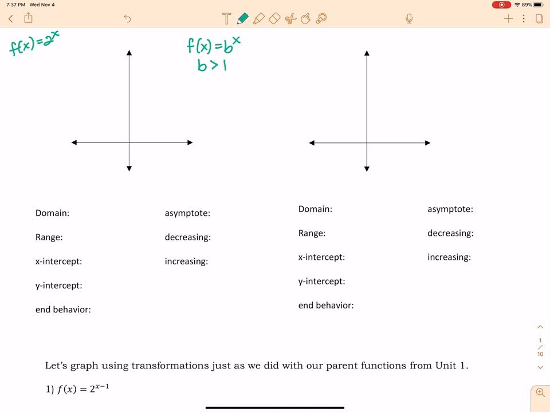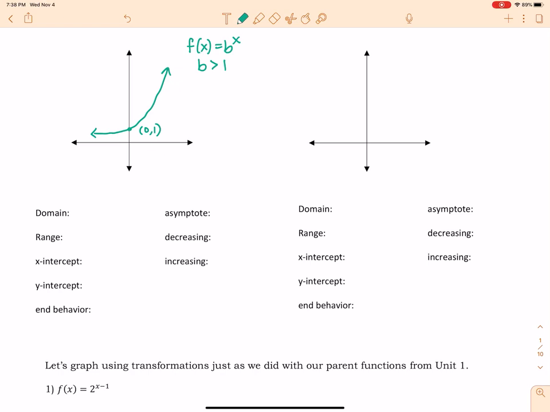Any number that is greater than 1. That is the situation I'm looking at. Well, what that looks like on a graph, it goes through the y-axis at (0, 1), and it increases to the right, okay? It's going to look just like that.